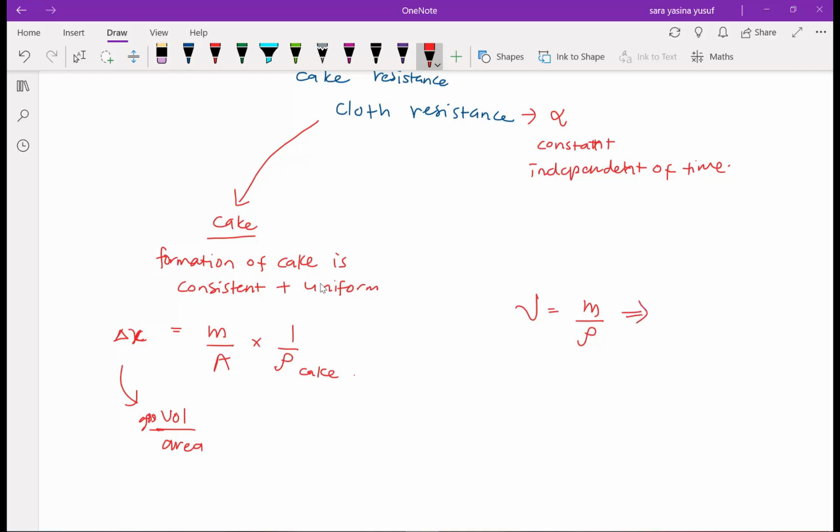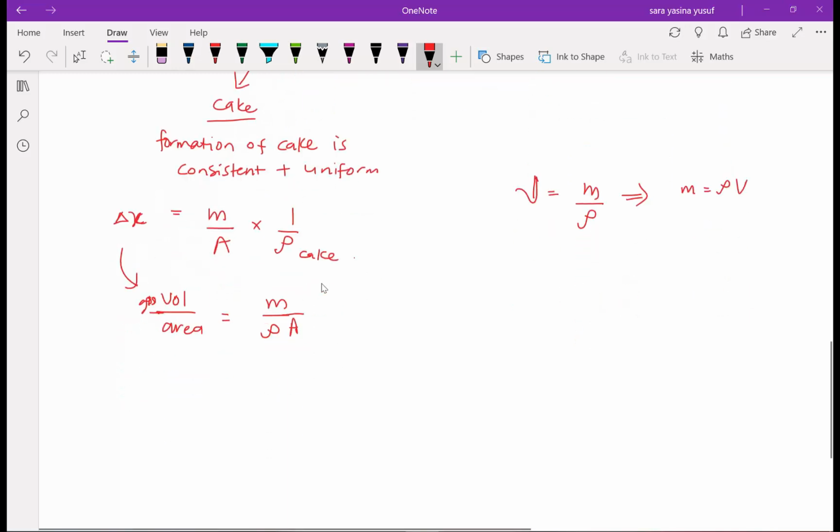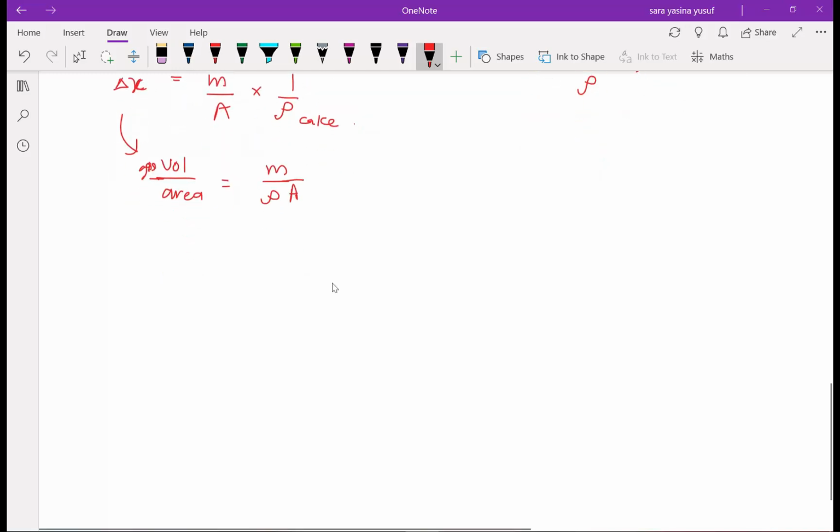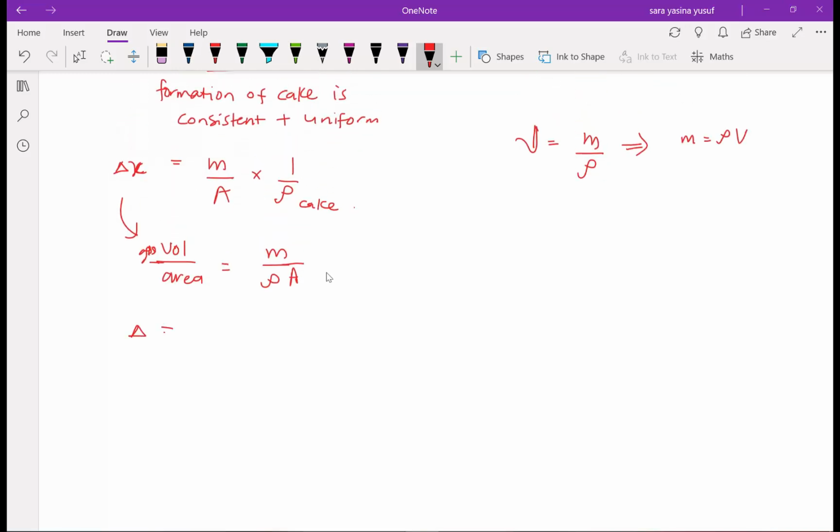This comes from m is rho v, so volume v is m over rho. That's why we substitute m over rho and over time. So this will give you delta x. We can write delta x as 1 over rho cake times mass of solid.